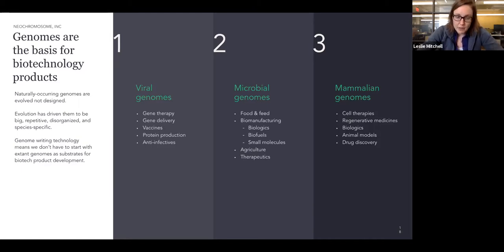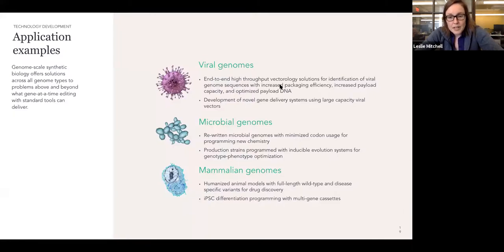So this idea of writing totally designer genomes from scratch is really the purpose of NEO. We're thinking about projects across the gamut: viral genomes, microbial genomes, mammalian genomes. I will put the caveat that in the mammalian sphere, we're definitely thinking about particularly critical parts of the genome rather than the whole thing on day one. But I think that's the direction that we should all be thinking about.